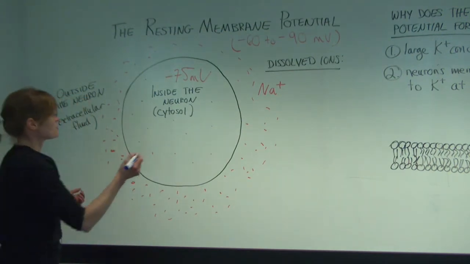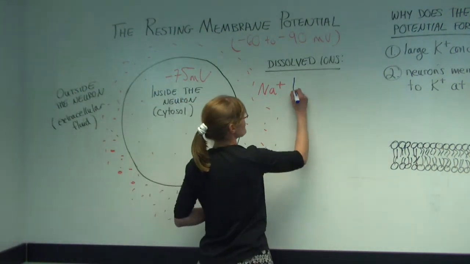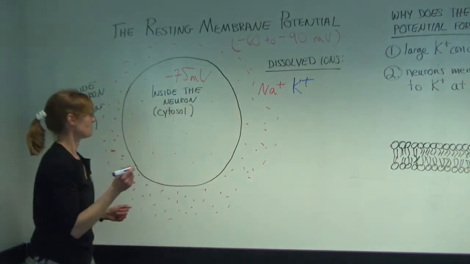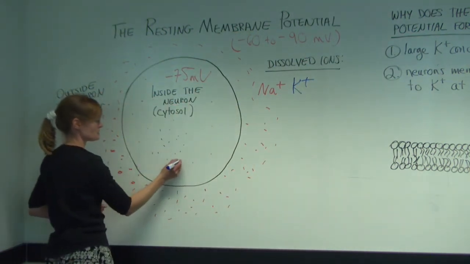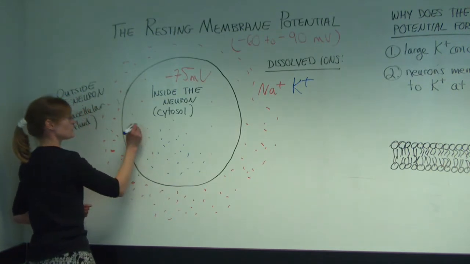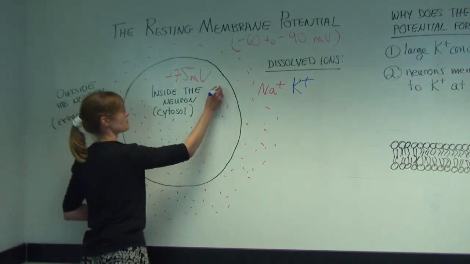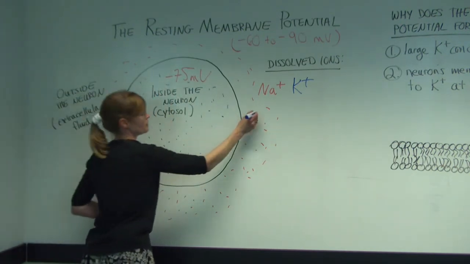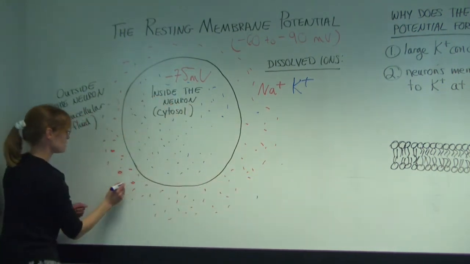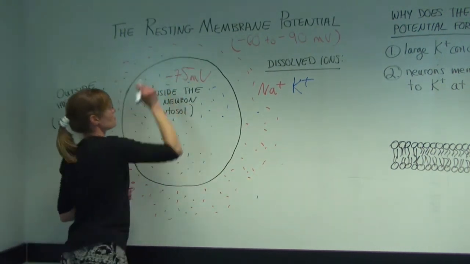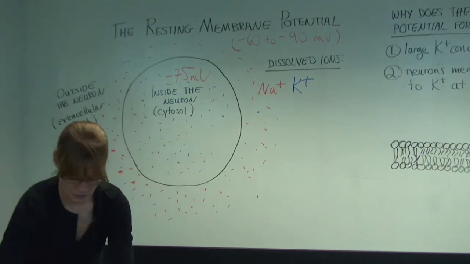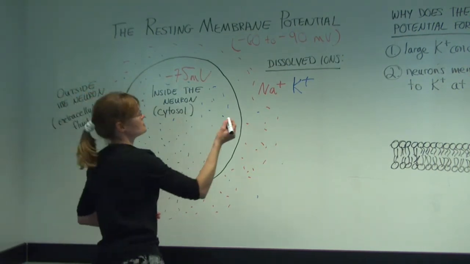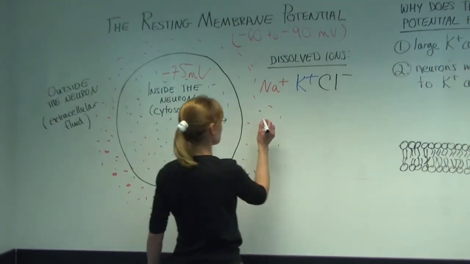Okay? And there's also potassium ions. Okay? And there's a lot more potassium inside. So if my little blue dots here are my potassium ions, we have more of them inside relative to outside. And there are also going to be, say, chloride ions.